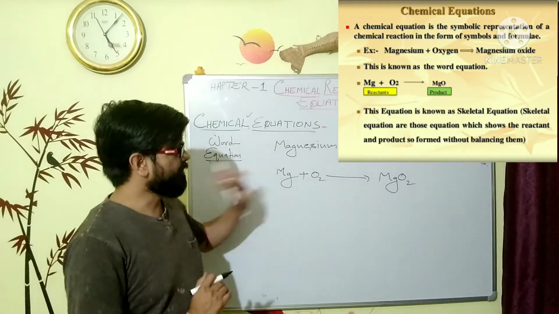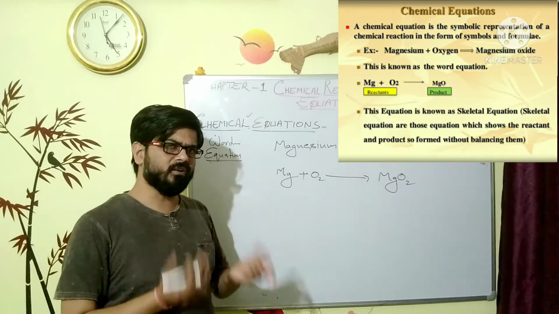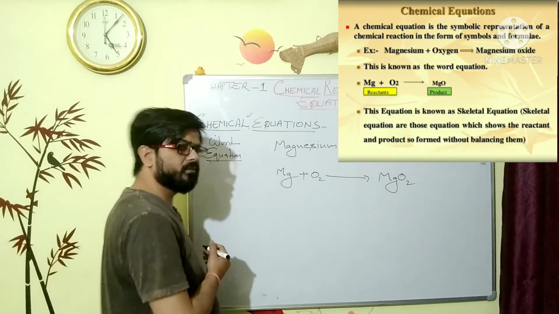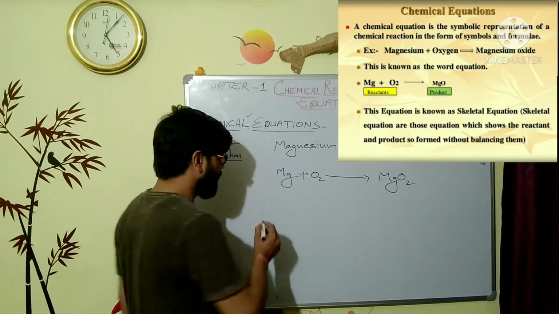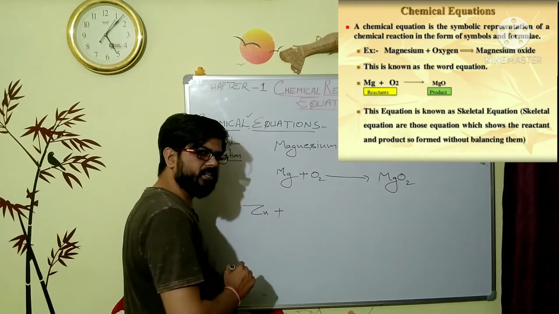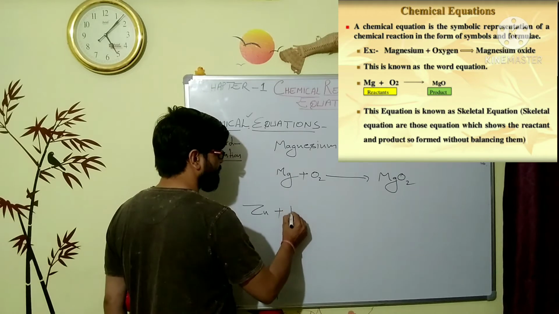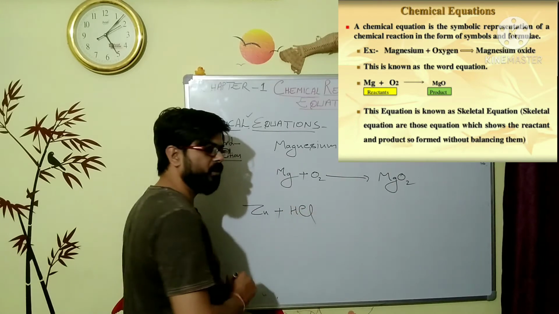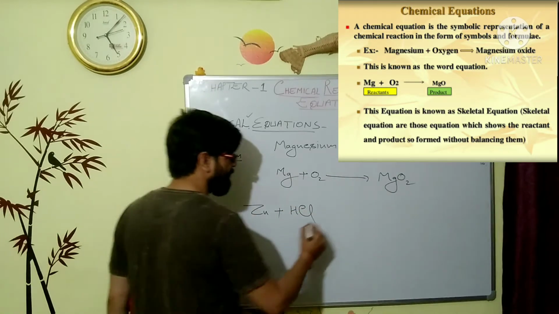So a chemical equation shows the chemical change of burning of magnesium ribbon in a short, convenient manner. Another chemical change, I told you, is when you dissolve zinc in hydrochloric acid, whose chemical formula is HCl.